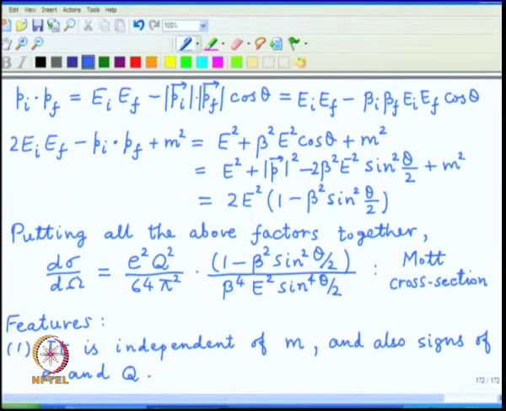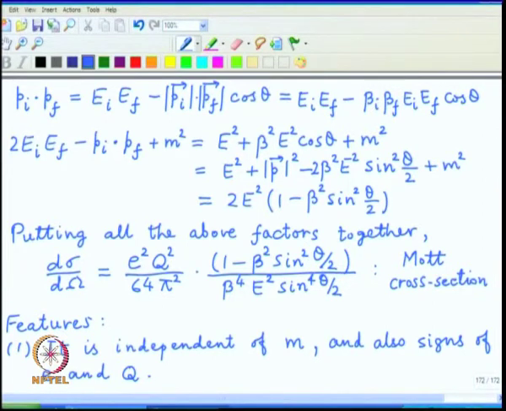A positively charged particle will scatter with the same cross section as a negatively charged particle, although the trajectories followed in the two cases will look completely different, because one of them will have an attractive potential and the other a repulsive potential.